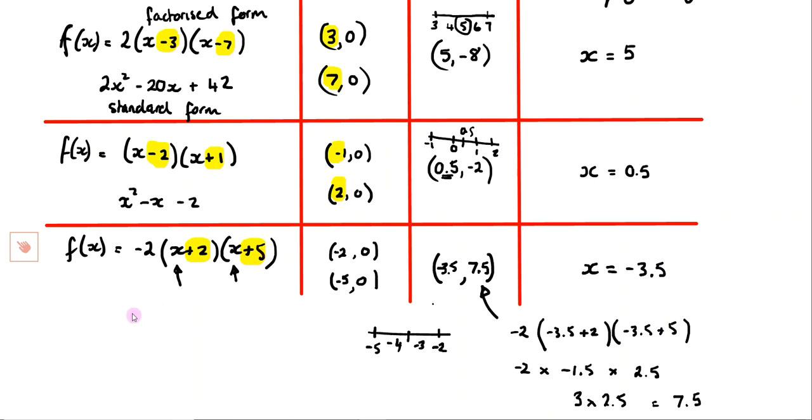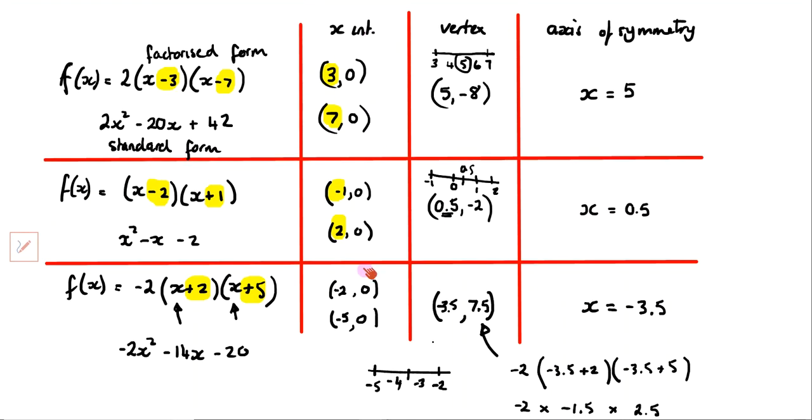This one, what did we say at the end? Was minus 2x squared minus 14x minus 20. Any information helpful? So if I'm going to try and find the x-intercepts, what form of the equation will I need? Factorized form. Does the factorized form then also help me find the vertex? Yeah.